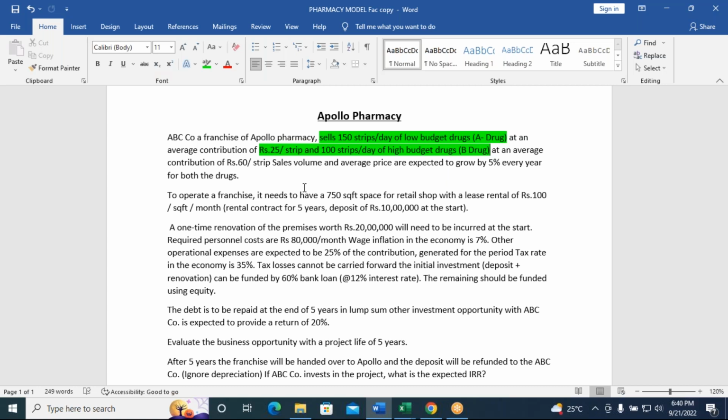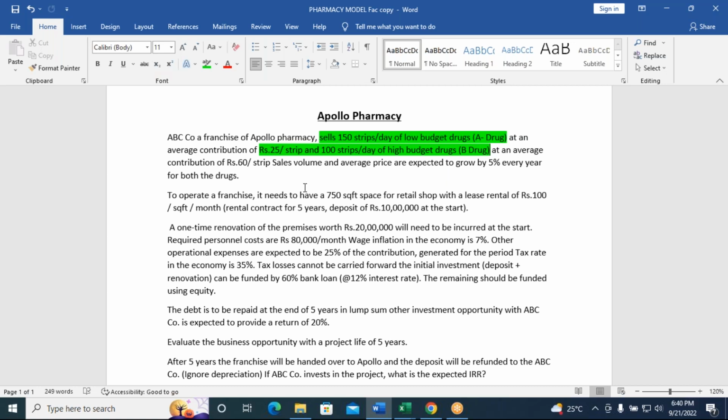So what is the difference between this deposit and the renovation price? I want someone to answer about it, because yesterday also we were getting confused with this, right? Ma'am, deposit is a fixed amount that we have to pay at the initial point.